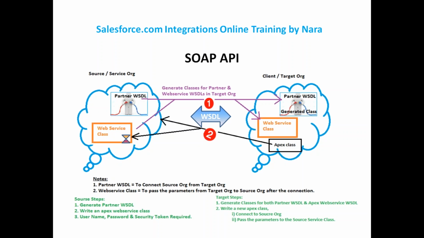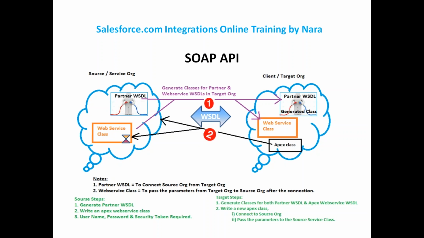You have to follow these steps not only for SOAP but for any other integration. Even if the target system is SAP, SQL Server or any other system, you have to follow the same steps that we did in today's session.